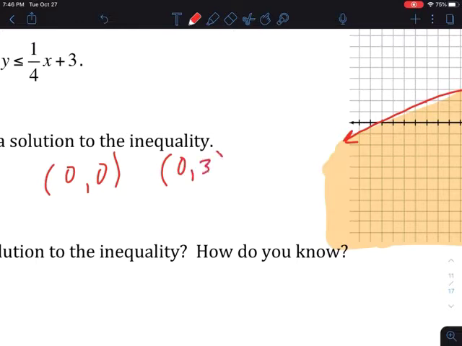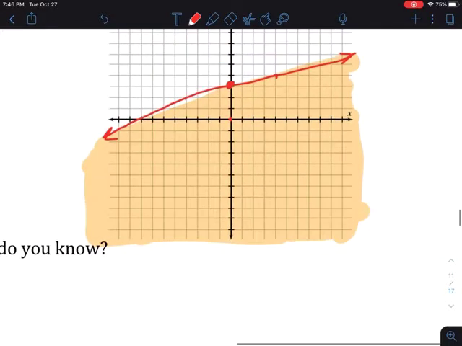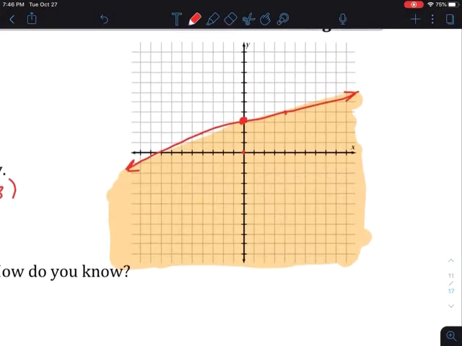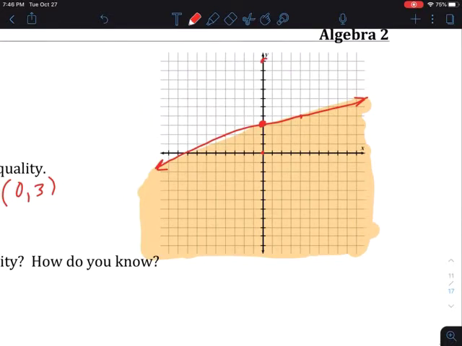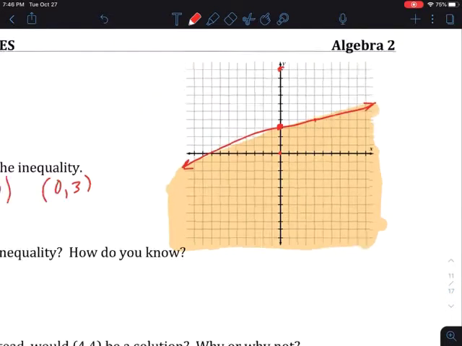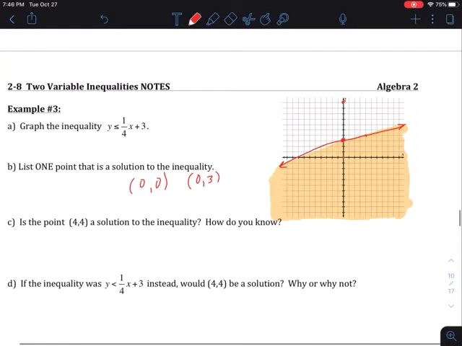So 0, 3. What about 0, 10? That would be up here, so I would not say 0, 10. All right, so any points in that shaded area or on the solid line are solutions.